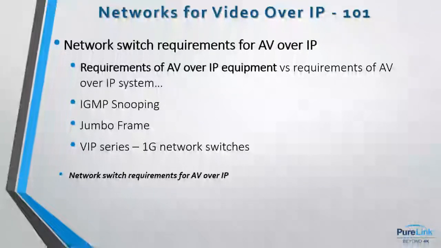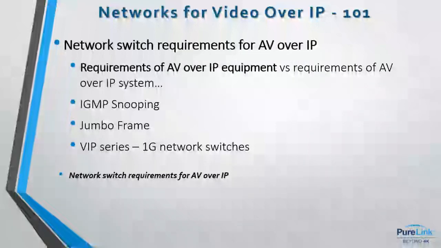You certainly don't want to just blast every port on the network switch with video packets when the device doesn't want them. The first example would be your control system. It wants to talk to the encoders and decoders, but it doesn't want the video from it. Or you might have a Dante network. It doesn't need the video or really anything from these encoders in many cases, so you don't want it going to those network ports.